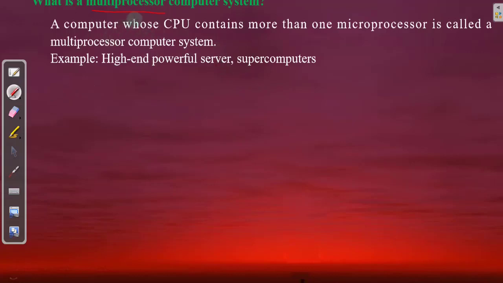A multiprocessor computer system is called that because it contains more than one microprocessor. Any computer having more than one microprocessor is called a multiprocessor computer system. Examples are supercomputers, which are systems containing more than one processor. Keep that in mind.